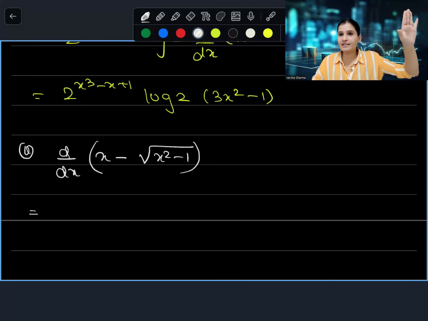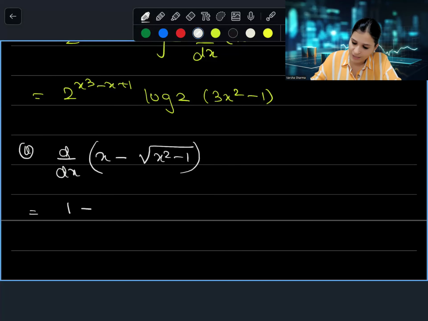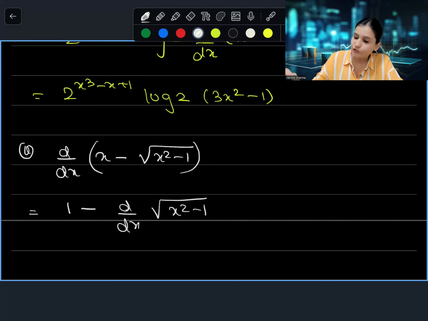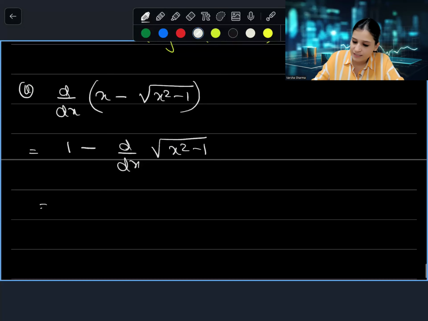What's the differentiation of x? There's no chain rule applicable there. It is 1. Minus, we have to differentiate this term. In order to differentiate this term, chain rule will be applicable. Root x, and what is written instead of x? x square minus 1.